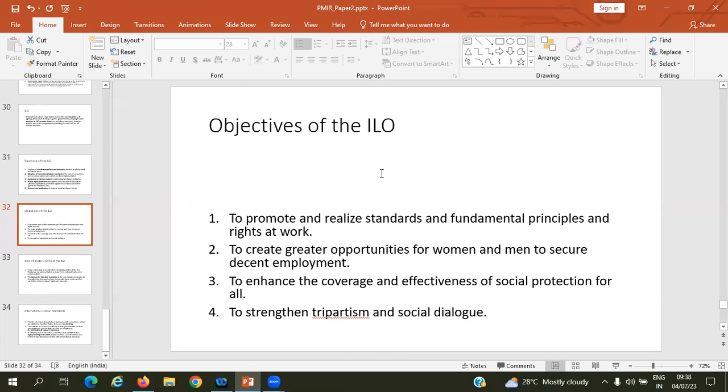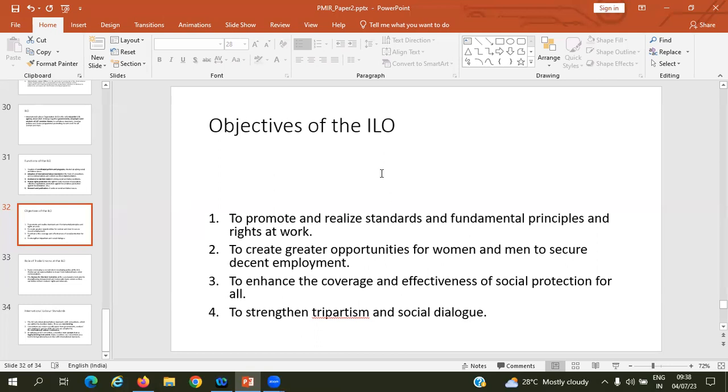So in society, if you have some problem, then ILO is responsible to enhance that coverage and effectiveness. So women should not feel unsafe or face any kind of issues.